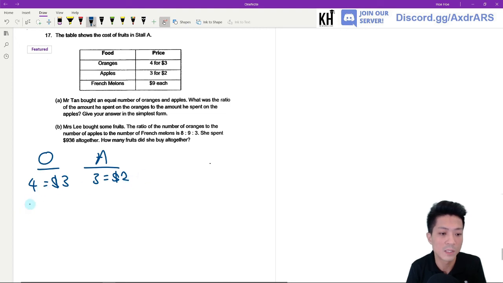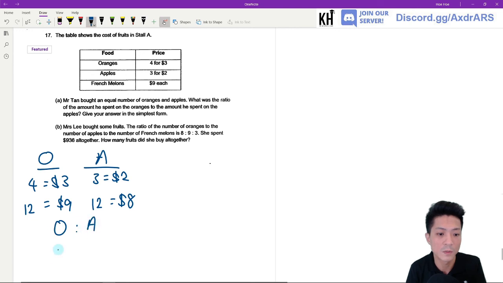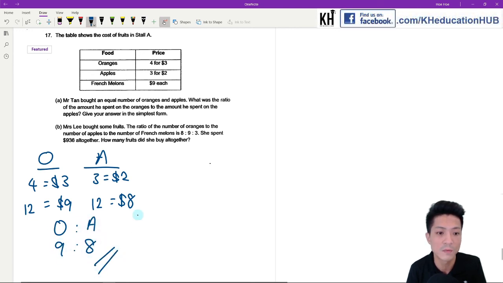We're going to make them the same, which is 12 for $9, and 12 for $8, which means that now the number is equal. The ratio of the amount of money spent on oranges to apples is 9:8. This is already in the simplest form.